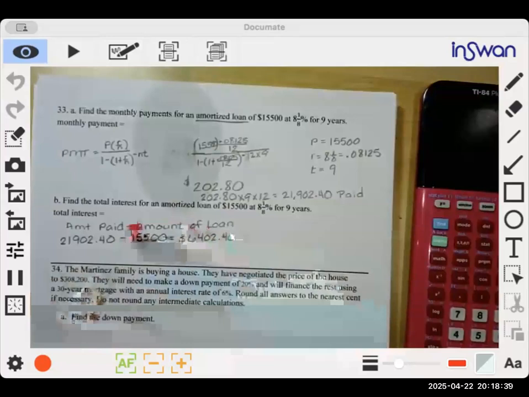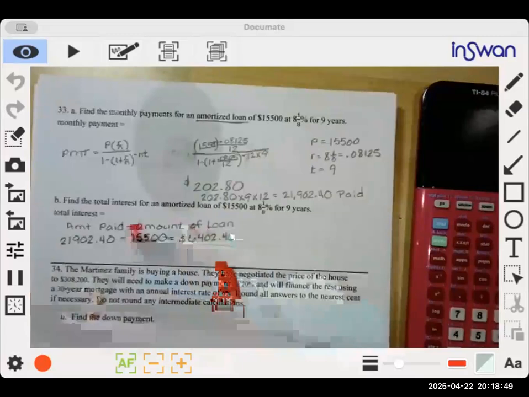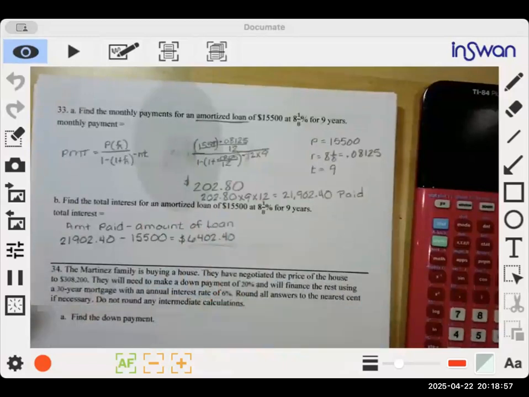That's kind of ridiculous, isn't it? But I guess it's nice that they're loaning you money. It's just an awful lot of money. Any questions on 33?